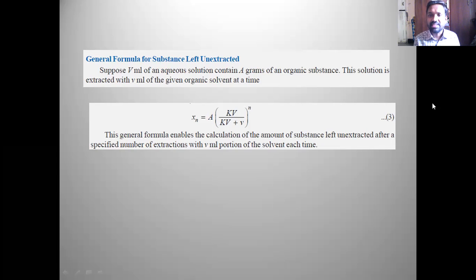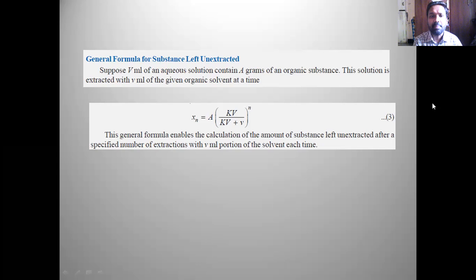So to simplify this, we also have a general formula. What is that? Xn is equal to A times (Kv divided by Kv plus small v) to the power of n. What is this general formula? It is the formula to find the substance left unextracted in water after n extractions. In all our previous 2 examples, small n was 2 because we spoke about 2 extractions.